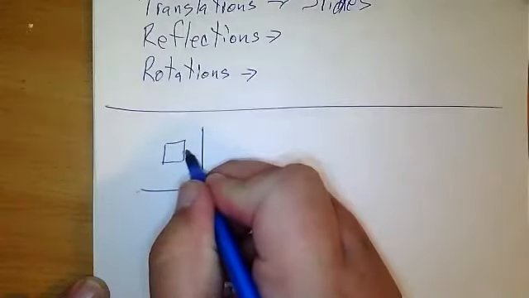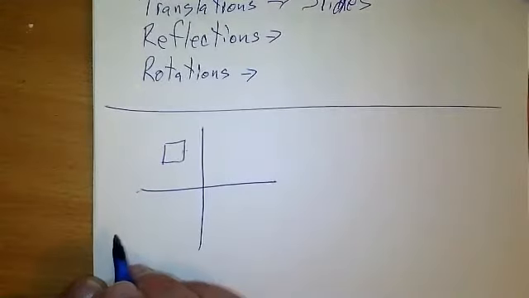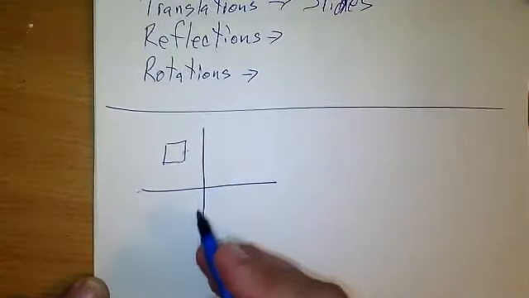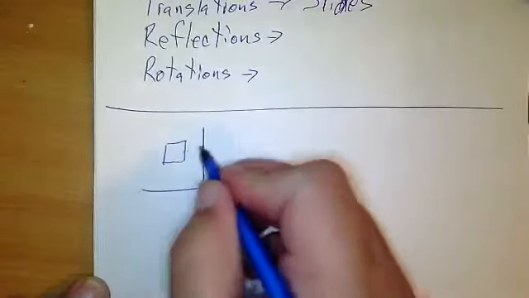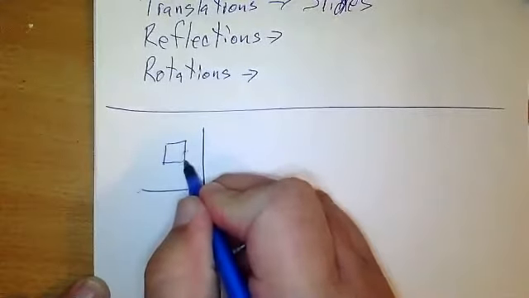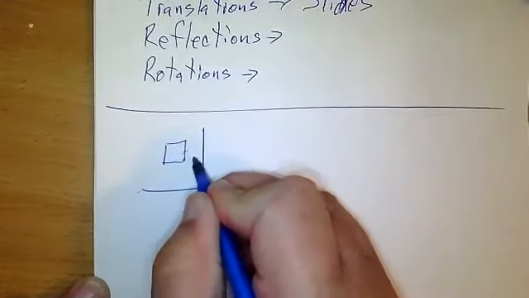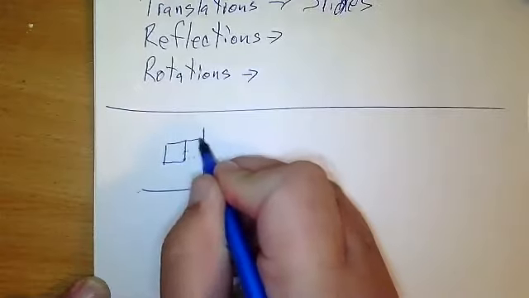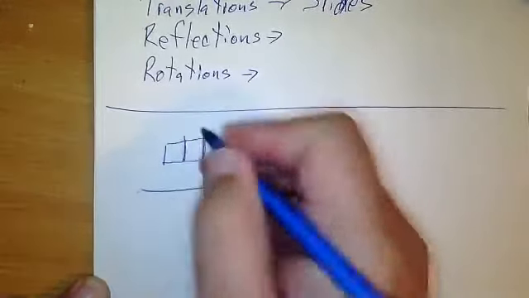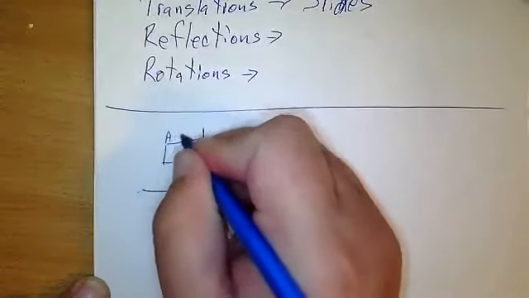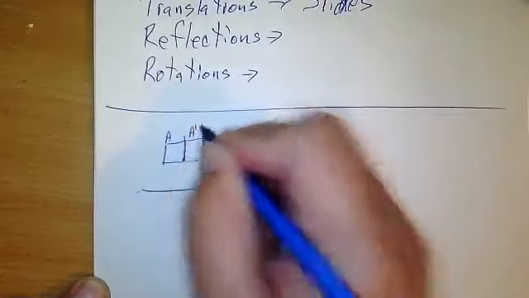Okay, so if I say that I want this square to be translated 4 to the right, I'm literally going to take a point here, and I'm going to go 1, 2, 3, 4, and then I'm going to move that object. And so if this is A, this is going to be A prime.